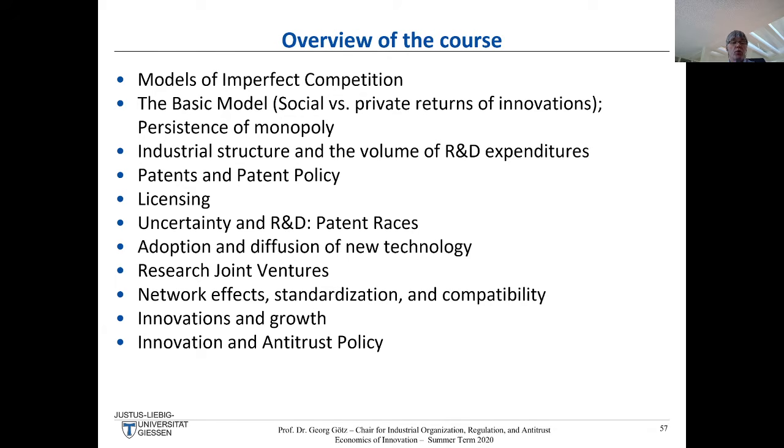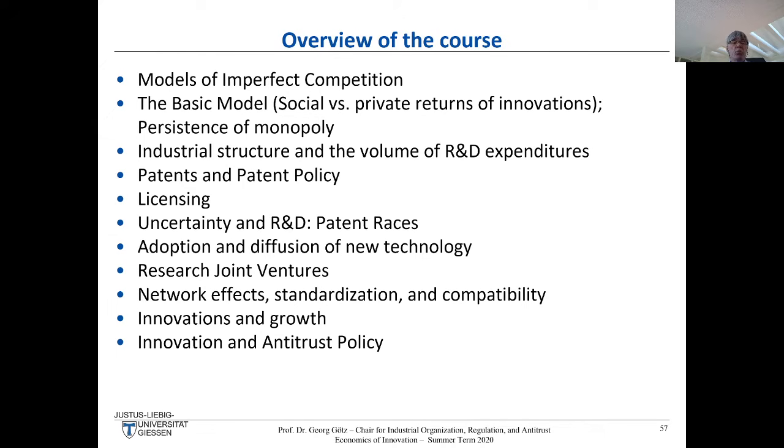I just want to jump right into the models of imperfect competition, showing you the benchmark or workhorse models we are going to use in order to analyze research and development activities and innovative behavior of firms.